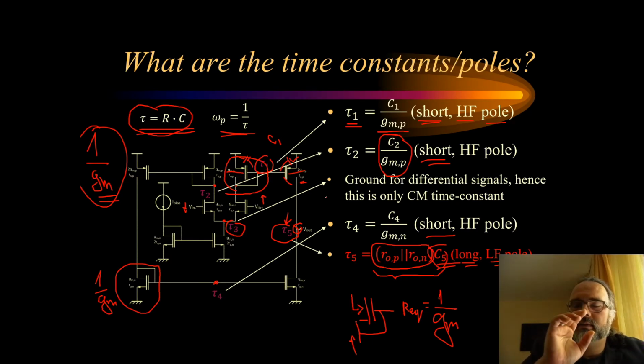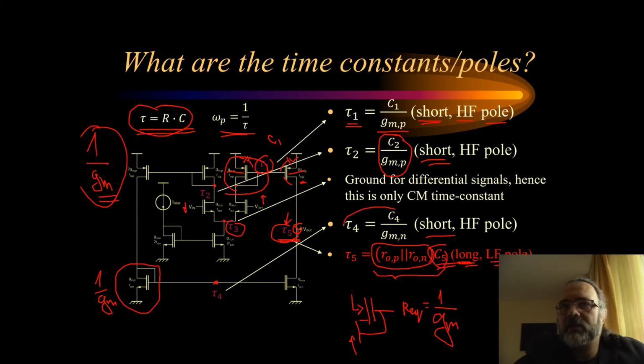Now what you have to consider here is that indeed we have many nodes in this architecture, but only one time constant is dominant. And this is because only one single time constant is a long time constant. It depends on the output resistances of the transistors and the capacitance.